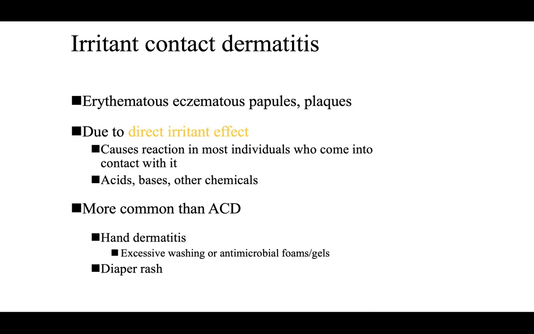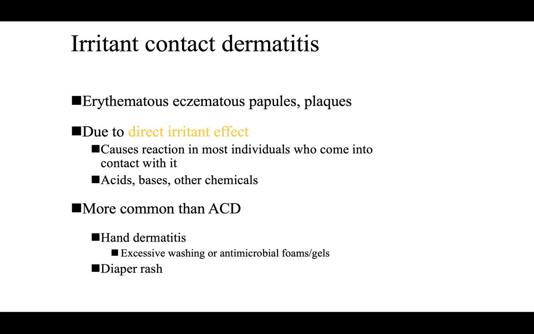Pretty much anybody who comes into direct contact with an irritant is going to get this irritant contact dermatitis. It could be due to the effect of acids, bases, or other chemicals that are irritating to the keratinocyte cell biology and the structure of the skin. More common than allergic contact dermatitis. And again, that's because you do not require an underlying predisposition to develop this.